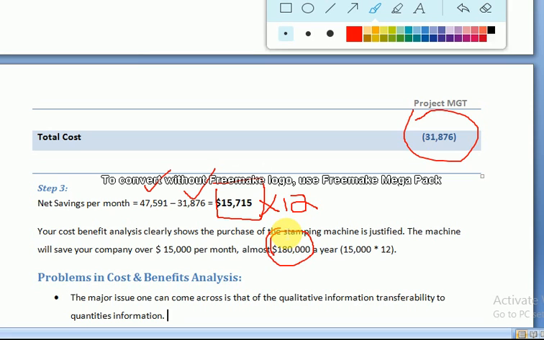Now you make this analysis practically and show it to your manager. In this way your manager will be convinced, and he will take the decision of replacing the old machinery with the new machinery.